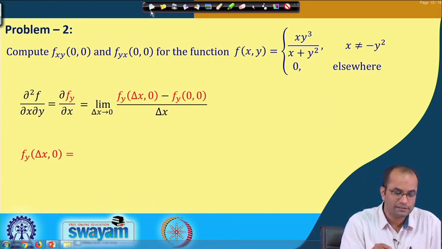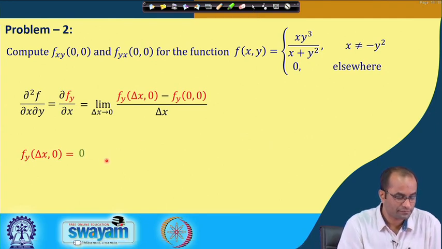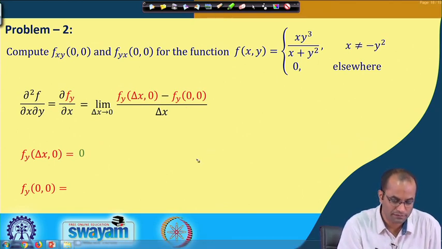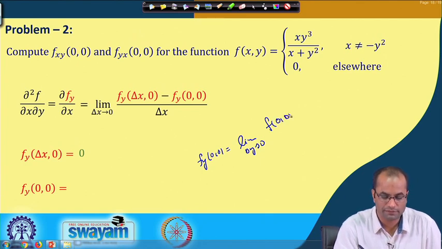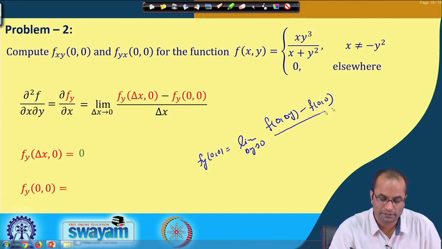So, in this case this is 0 now, and f_y(0, 0) will be, let us compute here. So, f_y(0, 0) is the limit as Δy goes to 0 of f(0, Δy) minus f(0, 0) divided by Δy.